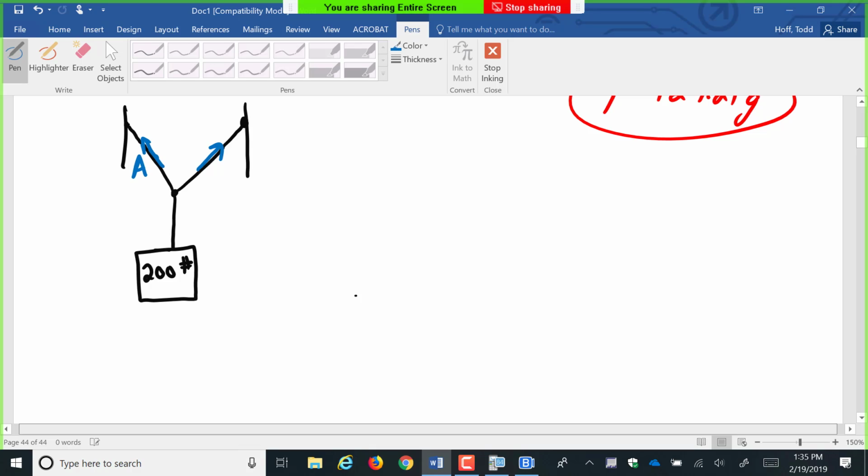So I'm going to call this force A and this force B. One of our rules of physics is the sum of the forces in the vertical direction has to equal 0, and the sum of the forces in the horizontal direction has to equal 0.